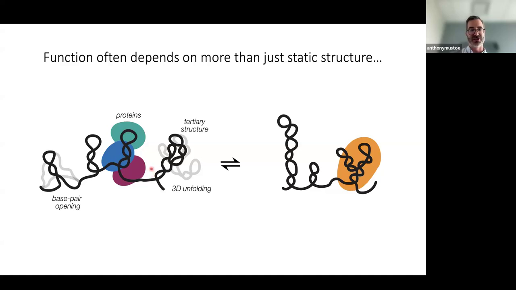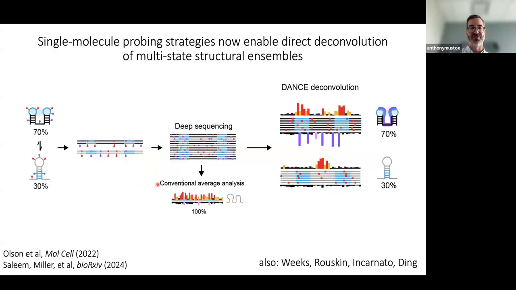As a quick intro, I've talked mostly about static structures throughout this talk, but as I noted in the beginning, we're also very interested in dynamics. We know they're very important for function as well. And so we and others, I'll just note, have developed strategies to directly deconvolve secondary structure ensembles, so large-scale secondary structure changes in RNA, using single-molecule probing strategies.